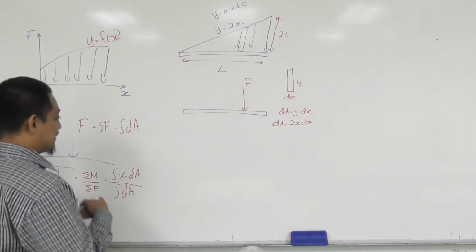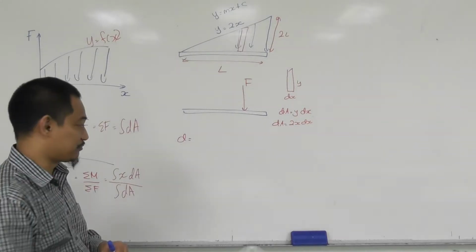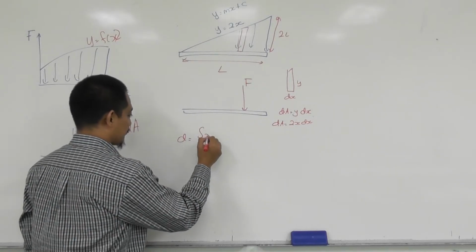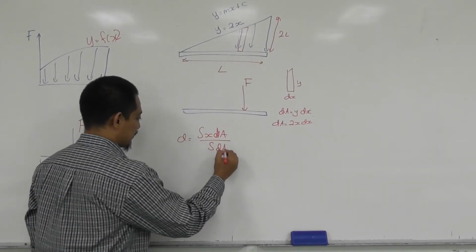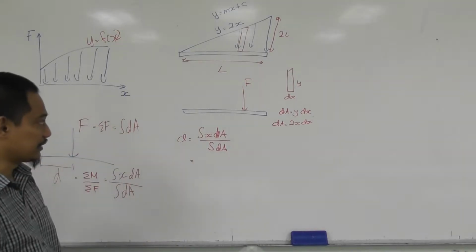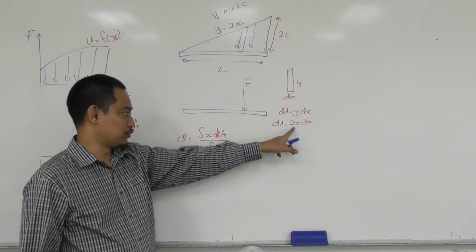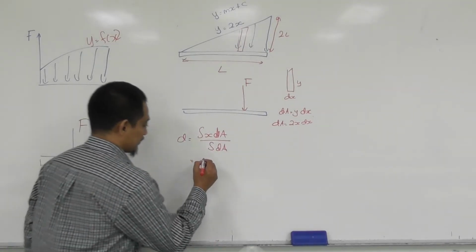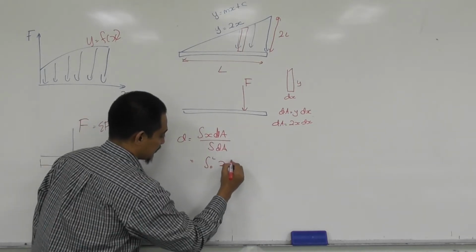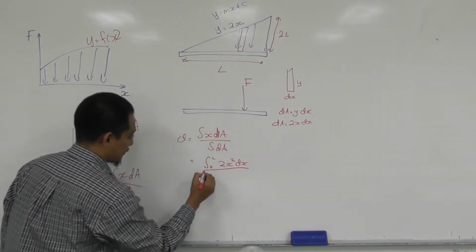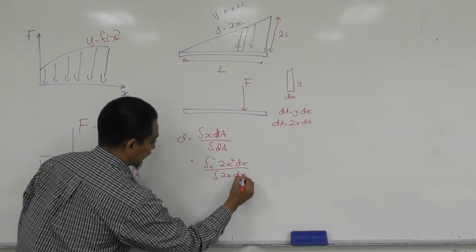Now for the location D, it is basically the summation of moment divided by the summation of force. Summation of moment is integration of x dA, over integration of dA. We already established dA to become 2x dx here. So you have integration from 0 to L, x times that, so 2x squared dx, over integration of 2x dx.